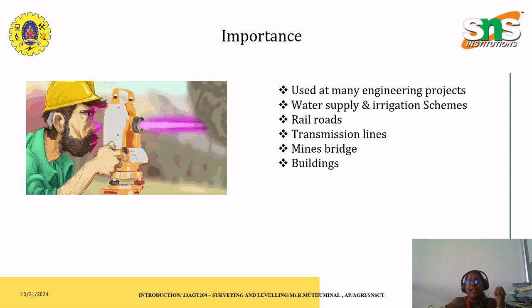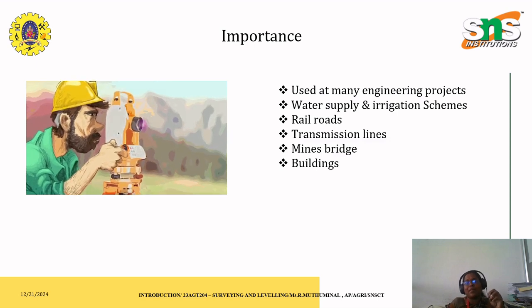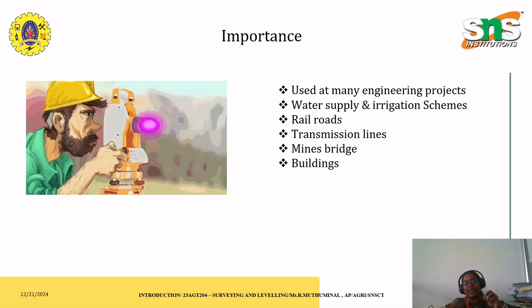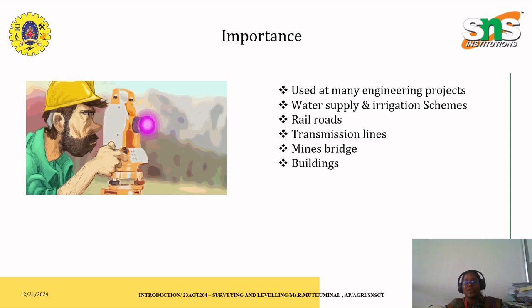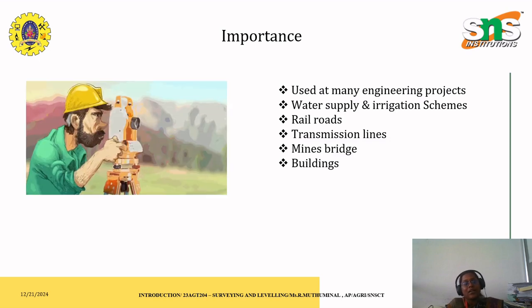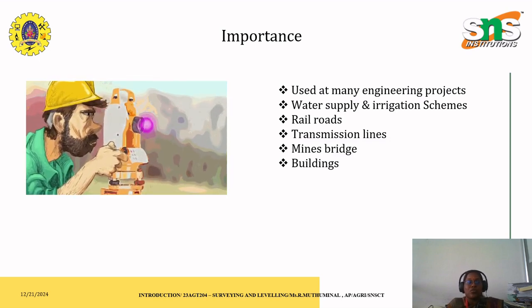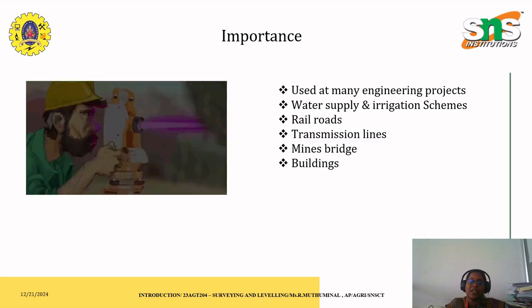I'll give you a small example under irrigation schemes and water supply. We have to know how to build a reservoir, because the reservoir helps us store water for the near future when we are affected by any kind of drought. Drought mainly causes us to suffer for the input of water.